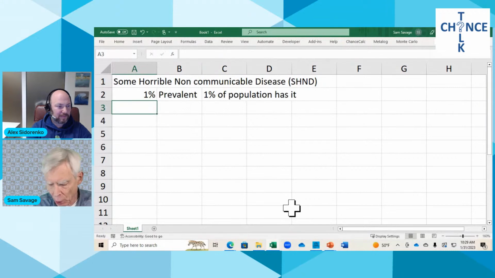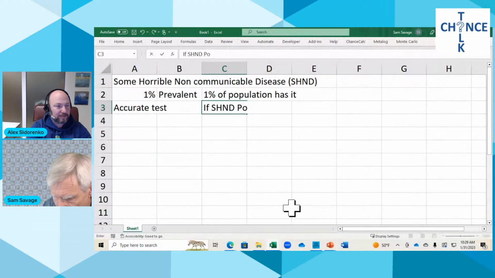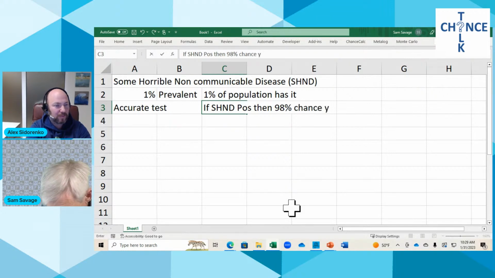Now, luckily, there is a very good, accurate test. If you are SHND positive, you actually have SHND, then there's a 98% chance you test positive.